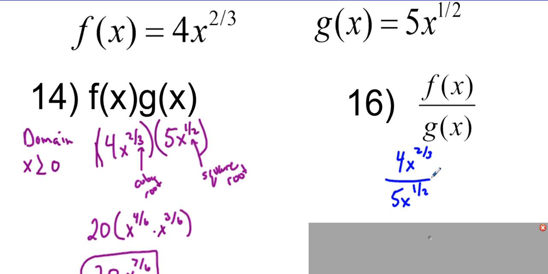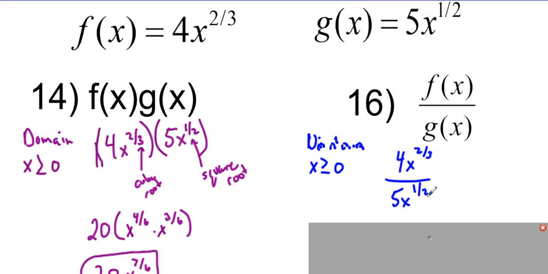With this, we're going to do the same thing: define the domain of the function. Let me write that out. We look at what we have here. Once again, we have a cube root and a square root. Because we have a square root, all x values have to be greater than or equal to 0.